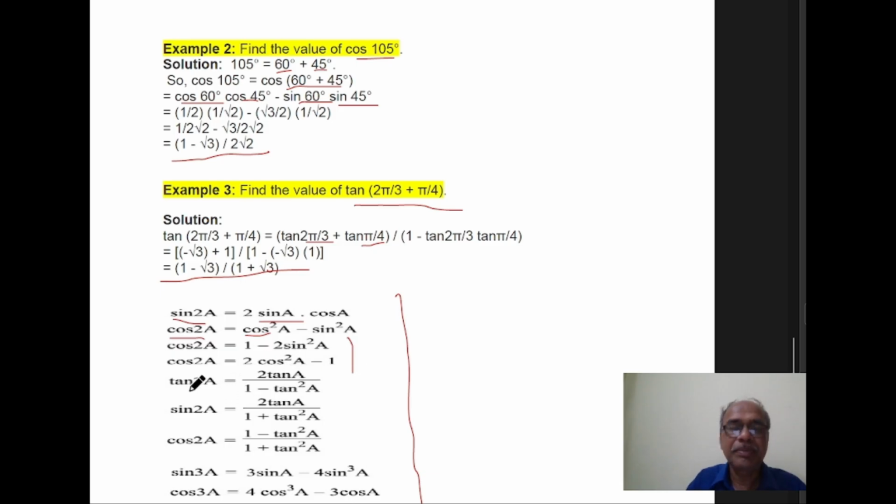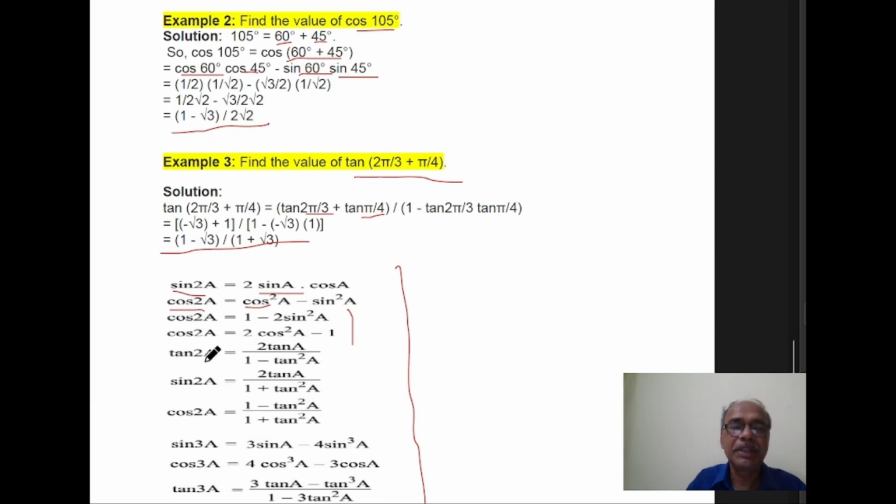Similarly, in place of tan alpha plus beta, if we place alpha equal to a and beta equal to a, we get tan 2a equals 2 tan a divided by 1 minus tan square a. And sin 2a equals 2 tan a divided by 1 plus tan square a. Here you see 2 sin a cos a, and we know that sin square a plus cos square a equals 1.